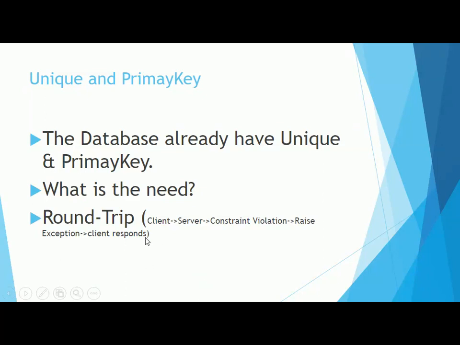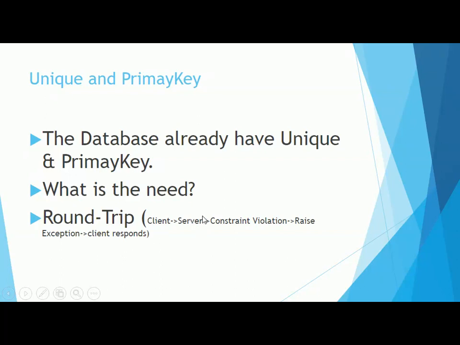So this is just to avoid the round trip. For example, a user is entering data from the client application, and there is a unique constraint violation. Let's assume that. Once he posts the data, or tries to save the data from the client application, the data moves from client to server.